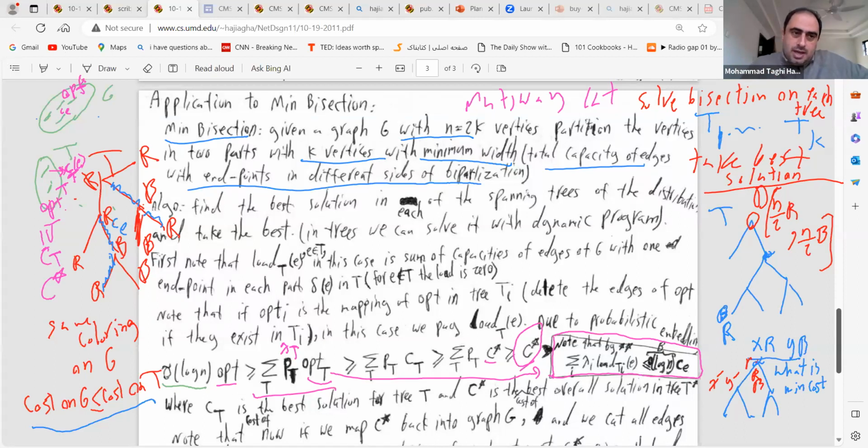Now, okay, so I have mentioned this. I want to say a few words more about the proof of this. We don't go through the whole proof, but I want to give some ideas about the proof. Because I have mentioned the actual problem and the embedding and the way that we can use it to solve cut problems.